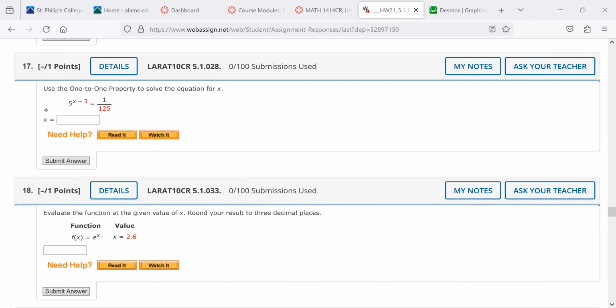There's another one that needs that idea. So make them both into 5s. We should know that 125 is the same as 5 cubed, right?